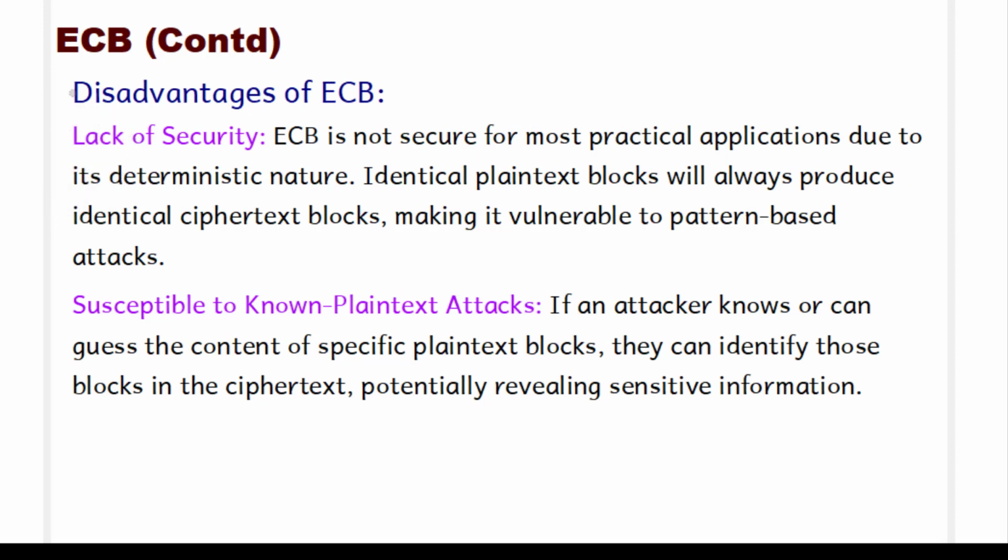So it may be vulnerable to attacks. An attacker can try to judge what is there in the plain text, and this is also susceptible to known plain text attack. So if an attacker knows or guesses the contents of a specific plain text block, then it can identify those blocks in the ciphertext also. So these are the disadvantages of ECB.